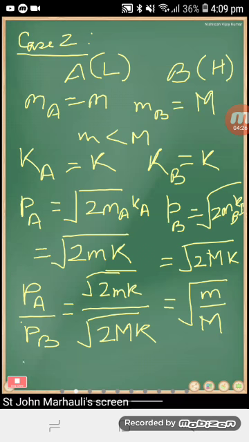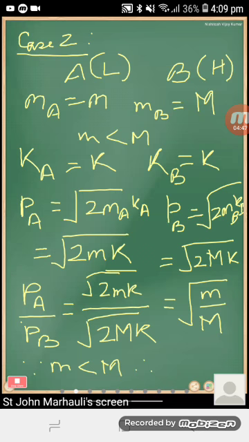We have already considered that small m is less than capital M, that is body A is lighter and body B is heavier. Therefore, from this expression we find that momentum for A is going to be less than momentum for B, which means that a lighter body will have lesser momentum and a heavier body will have greater momentum.